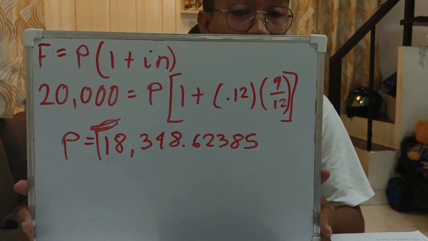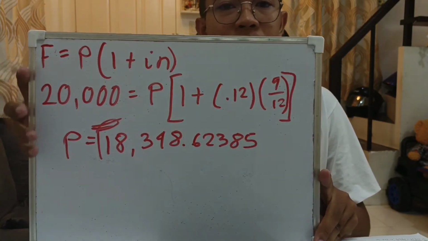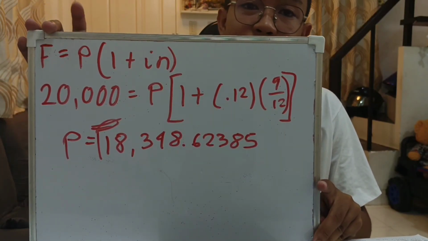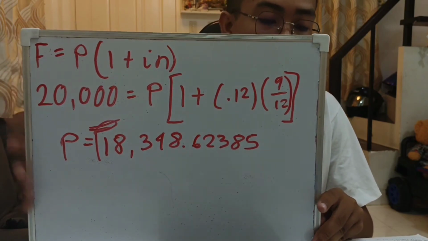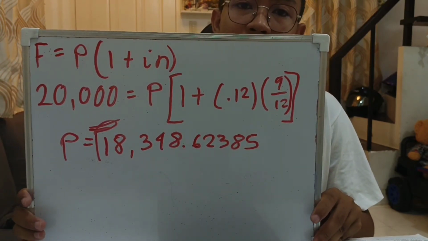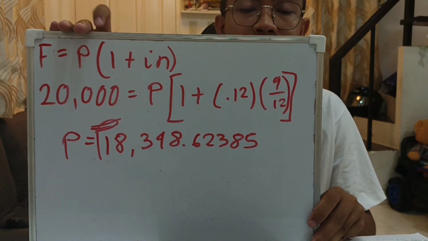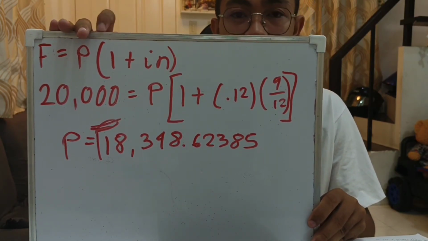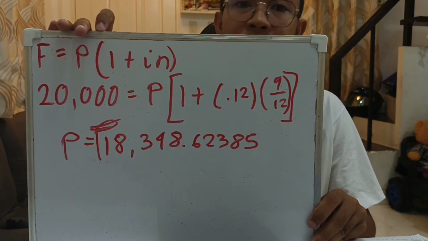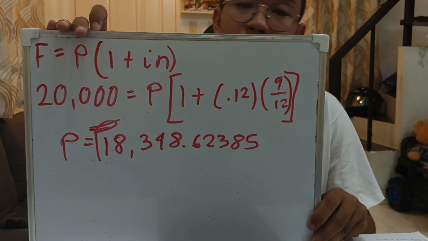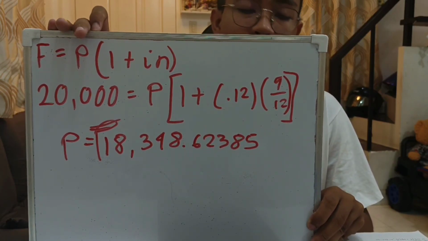The future amount is given, which is 20,000, equal to P, which is what is asked in this problem, times the quantity of 1 plus the 12% interest rate, or 0.12, times the number of interest periods, 9 over 12, because 9 months over the 12 months of the year. You can reduce the 9 over 12 to 3/4.